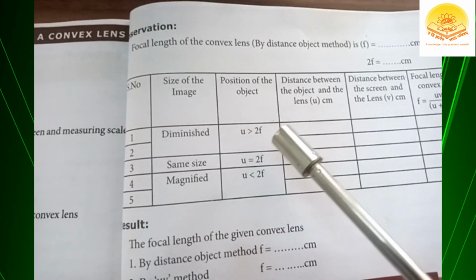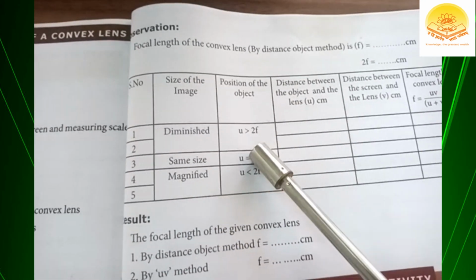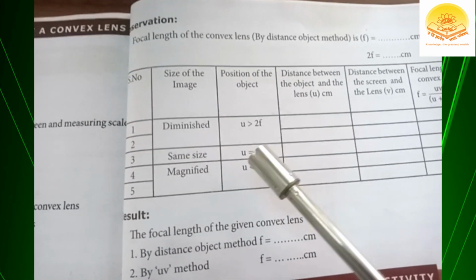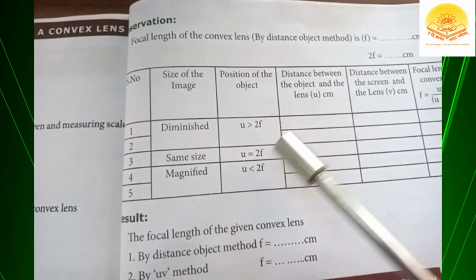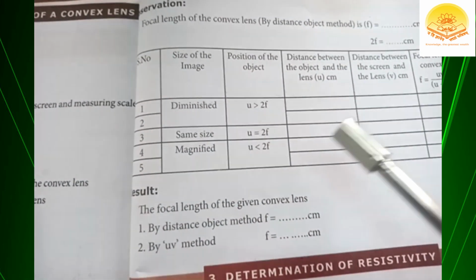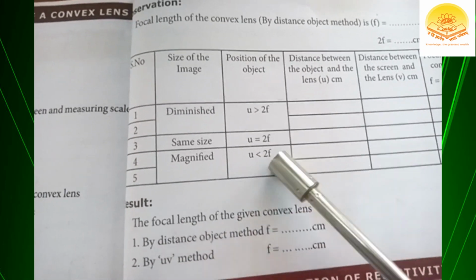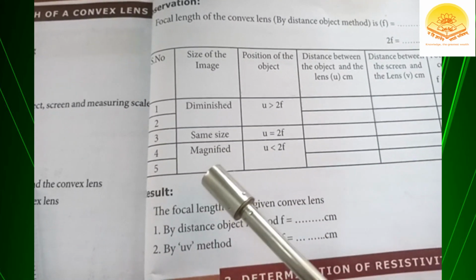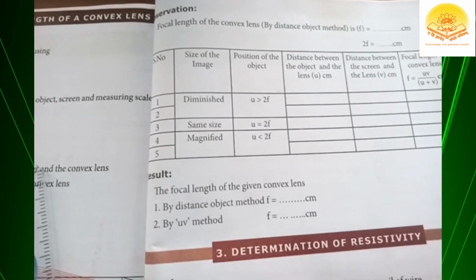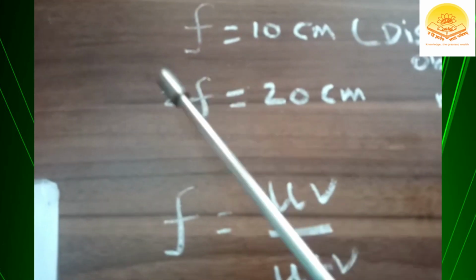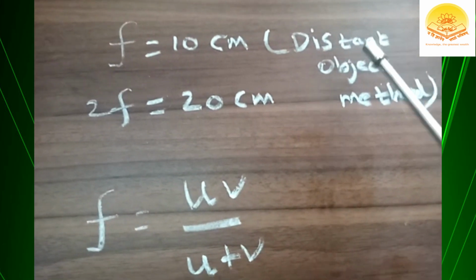So when the distance is greater than 2f, we get the diminished image. When the value of u is equal to 2f, we get the same size image. And when u is less than 2f, we get the magnified image. Already we know the values of f and 2f from the distance object method.